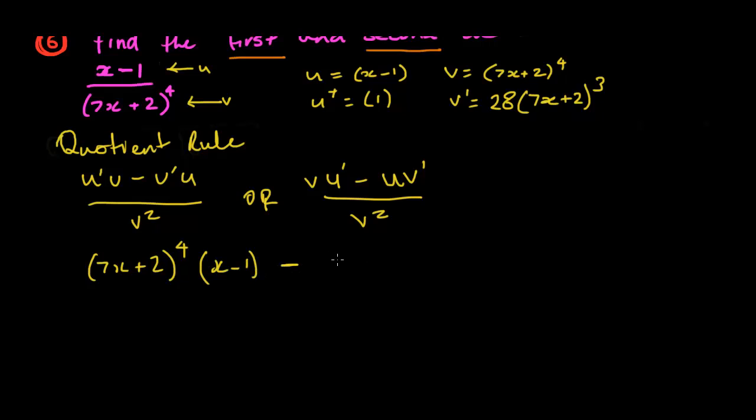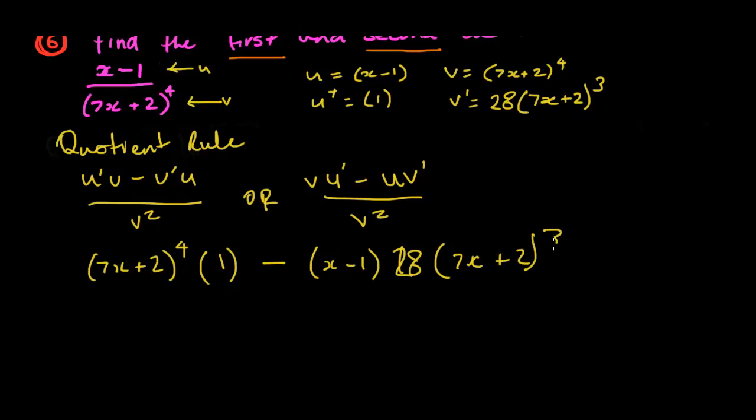And then minus u dash, that's my bad. Let me just do this right. It's just 1 here. And then you have minus u, which is x minus 1, times v dash, which is 28 times (7x plus 2) to the 3.